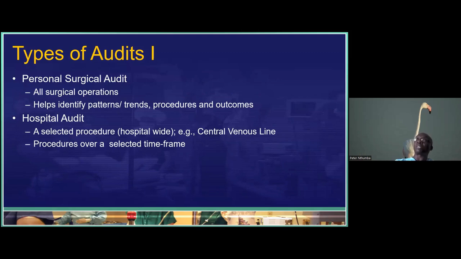There are different types of audits. There could be personal audits, or could be hospital audits. A personal audit may be all surgical operations or specific types of operations. These help identify patterns, trends, procedures, and outcomes, including morbidities. So, I'm a plastic surgeon, so what percentage of my skin grafts fail?